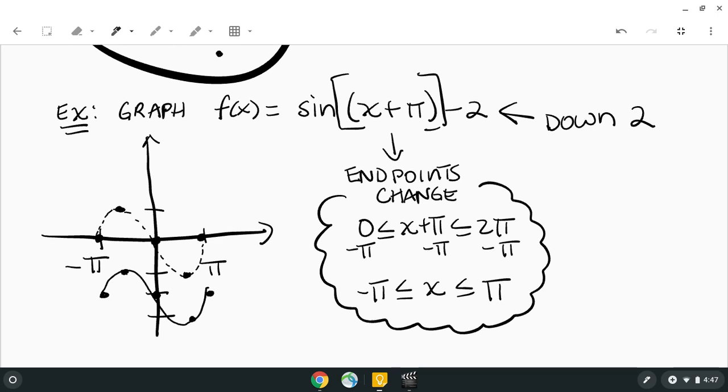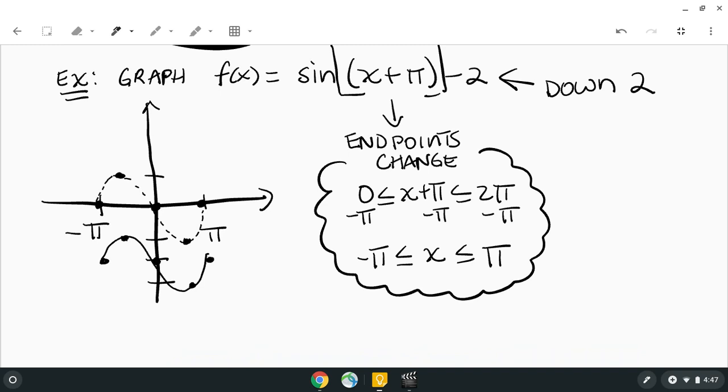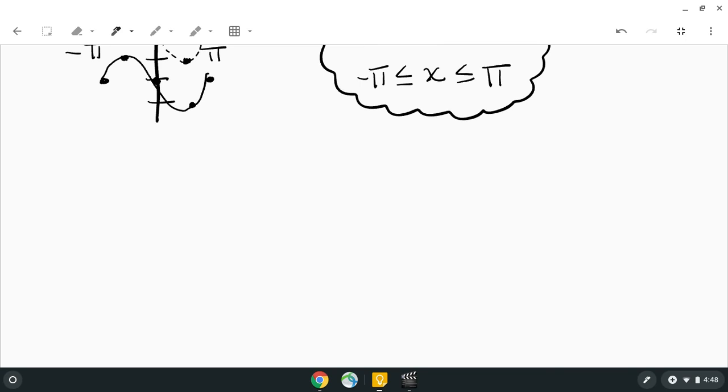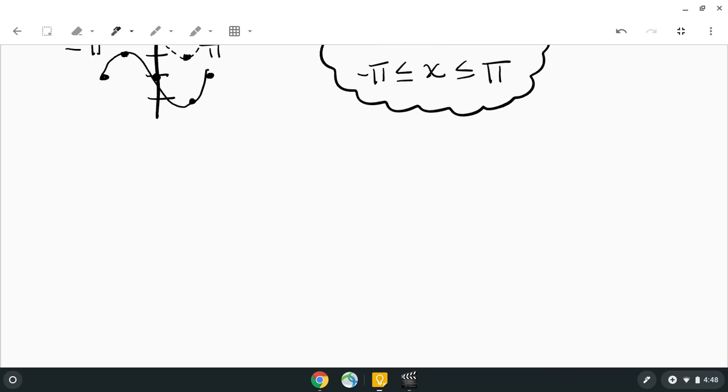Finding the new endpoints, I think, is a little bit easier than trying to figure out the shifts and factoring out a 2 and this, that, whatever. This is much easier. So just find out what your new endpoints are, and then you can plot your 5 points and then do your shifts. Okay, so let's take a look at another one.